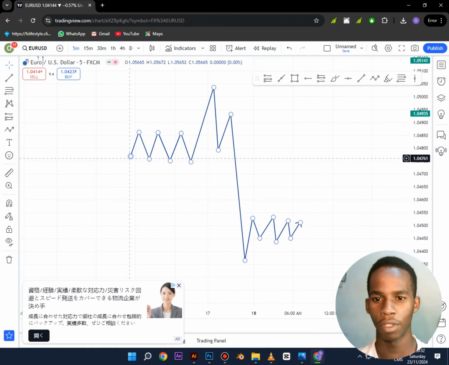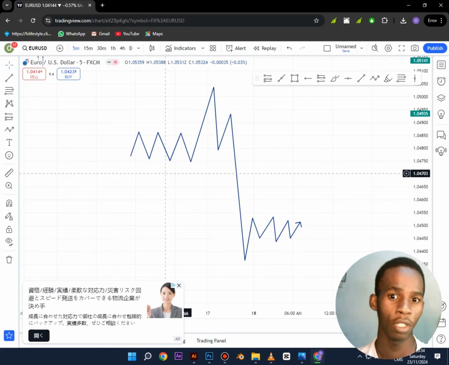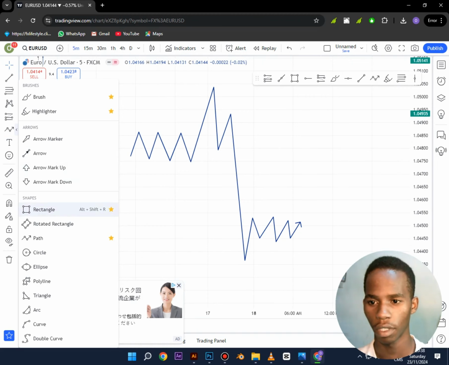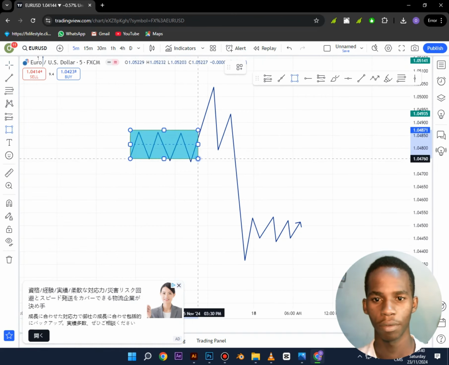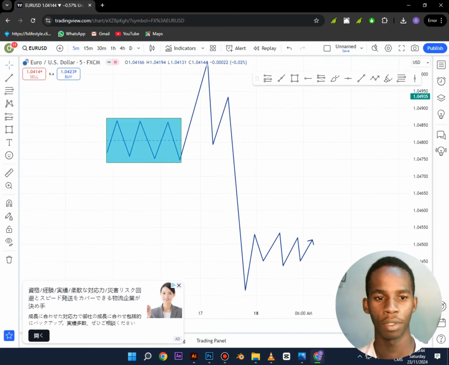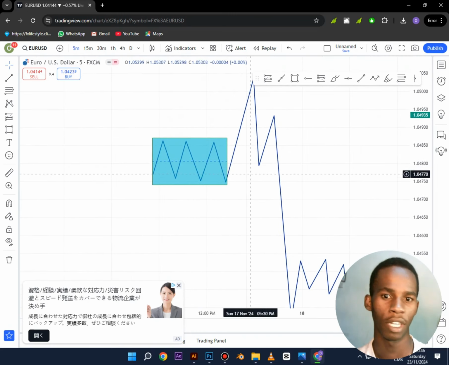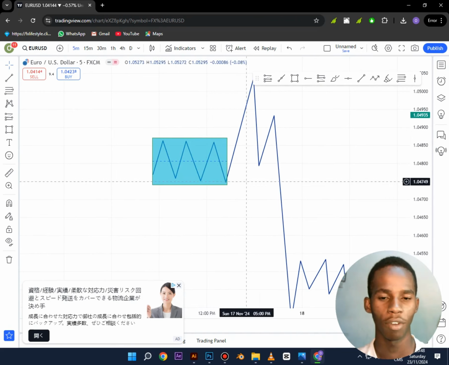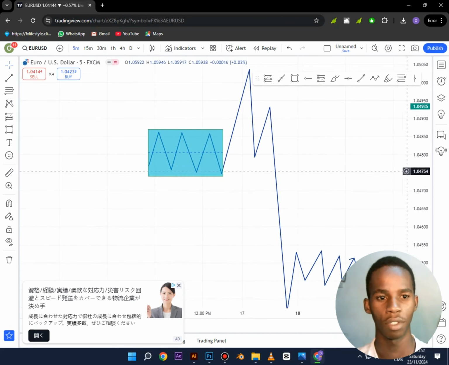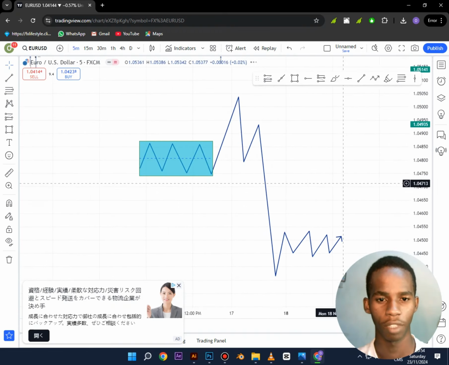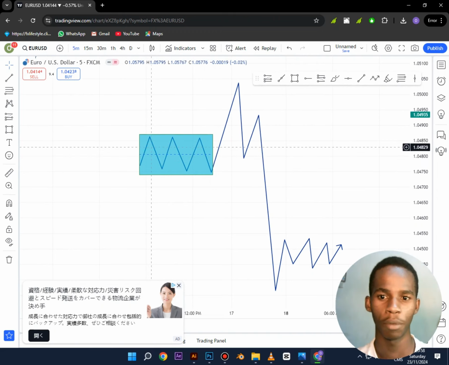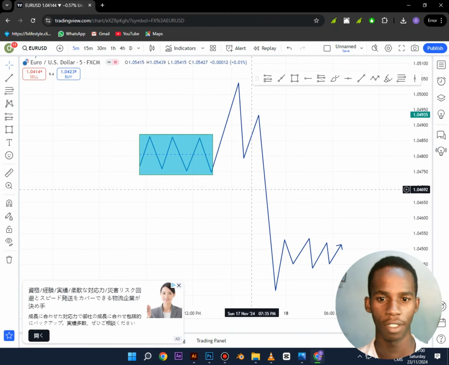So what brings about this? In the accumulation phase, which is right here, this is where our price normally does the consolidation. This is the opening price. So in the opening, when the price opens, normally we start with consolidation. If you know the ICT paradigm, you're pretty familiar with these terms.